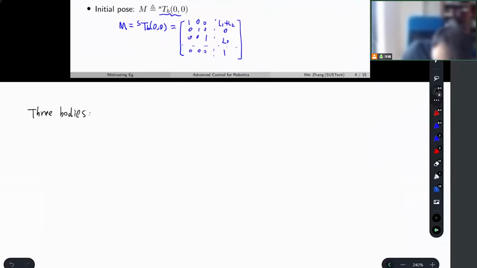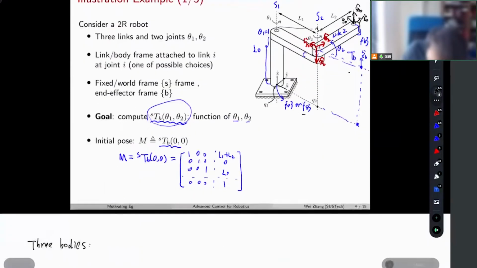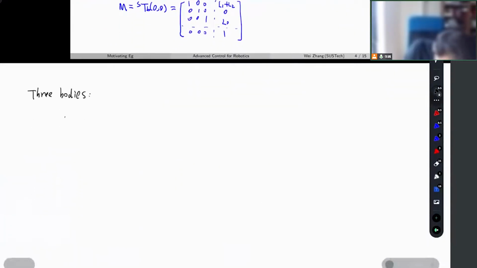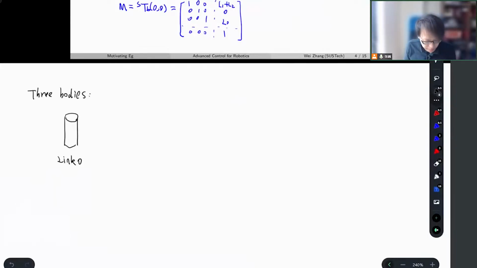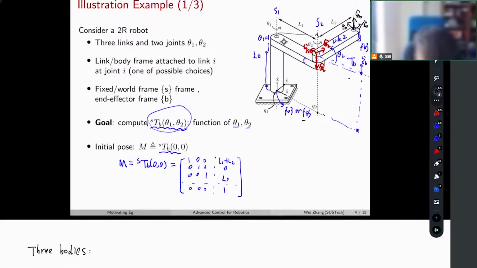The first body, if we want to draw it closer to the look we gave in this example, body 0, or link 0, is a cylinder. Let's call that link 0. And we also have 2 other links, link 1 and link 2.